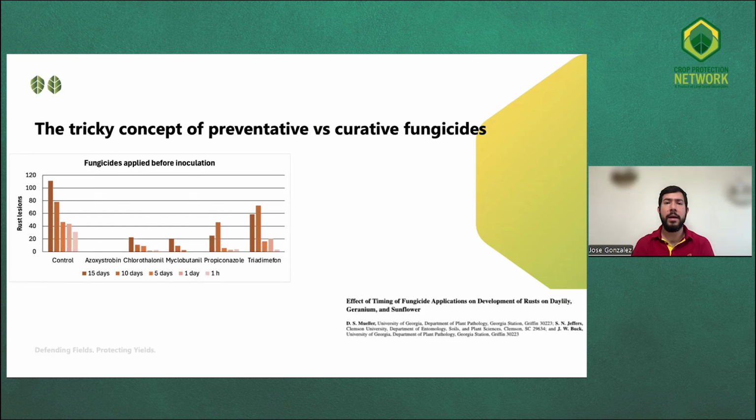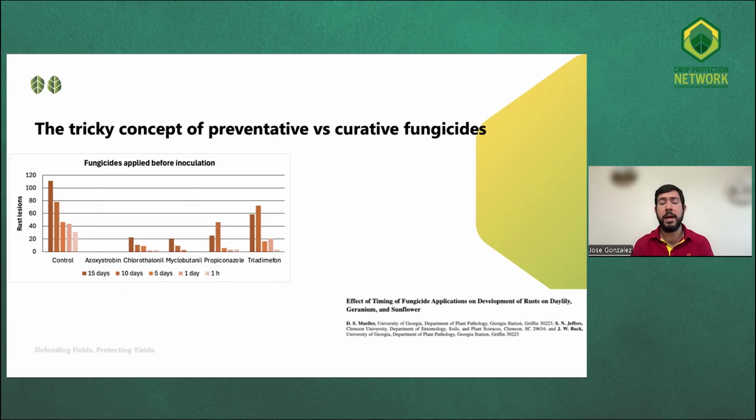Okay, so an example of timing and a tricky concept that sometimes you see out there is the idea that there are fungicides that are preventative versus fungicides that are curative. So here's an example of a study done by Dr. Darren Miller, and he was looking at the effect of 5 fungicides on the development of lesions on rust in sunflower.